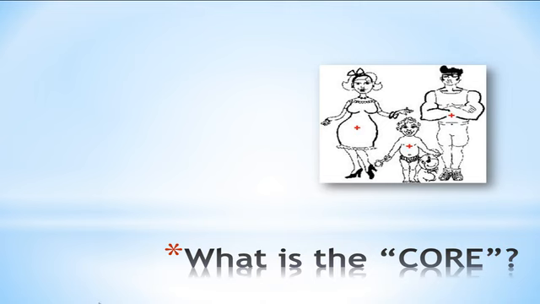This slide may look a little bit familiar. It's our center of gravity slide from 210. One of the reasons I put it back up here is that one of the ways I look at core is how well we are able to control where our center of gravity is going.